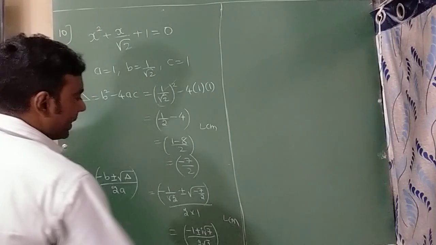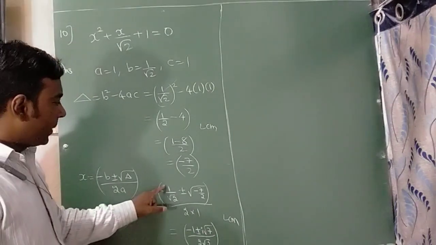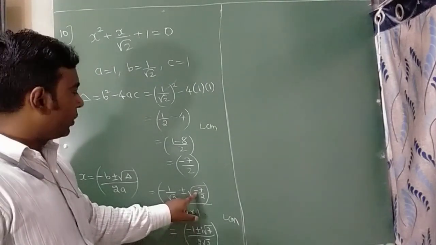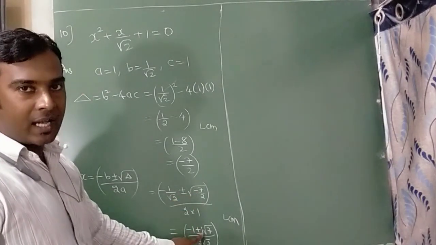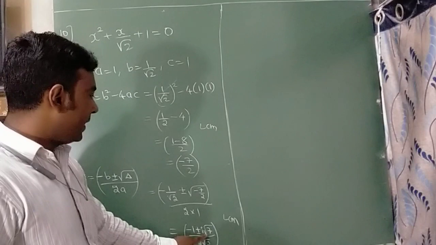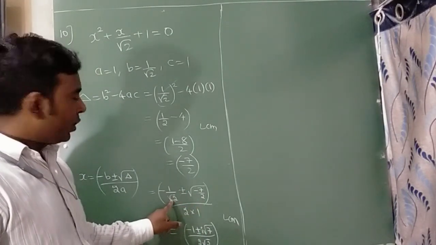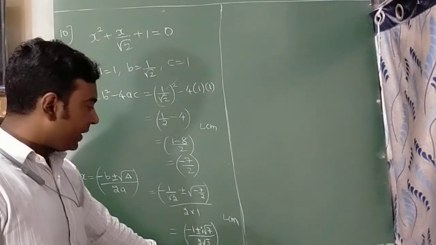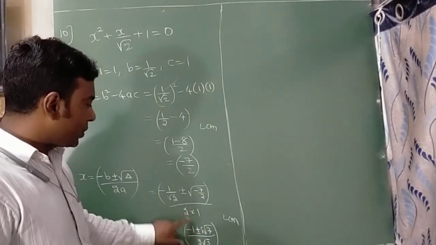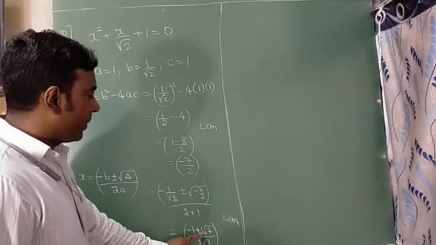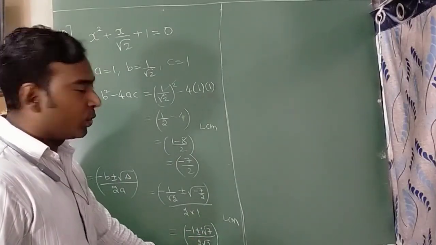Now again taking the LCM. Here the numerator part is minus 1 plus or minus i, as I have told you, whenever there is a root of minus 1, I will consider it as i. Now root of 7. In the denominator part it is root 2, here also it is root 2, so I have written that root 2 value in the denominator here, and this 2 I have written here. So the 10th sum is minus 1 plus or minus i square root of 7 divided by 2 root 2.